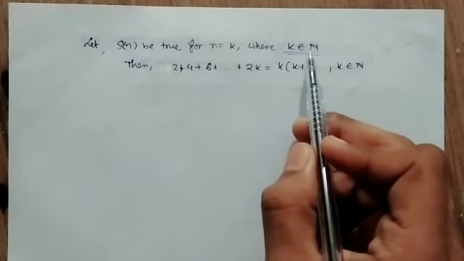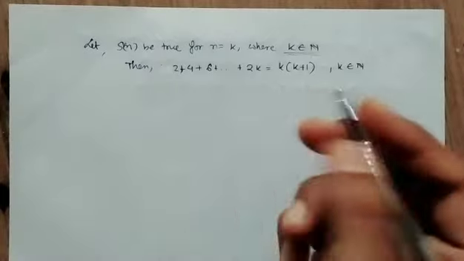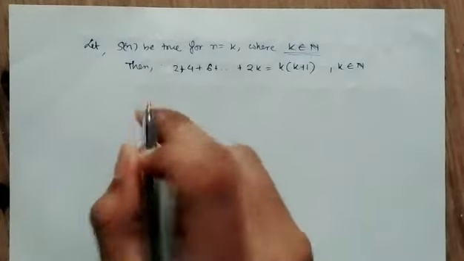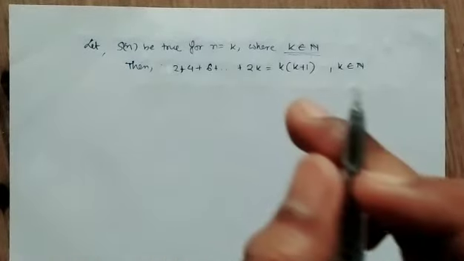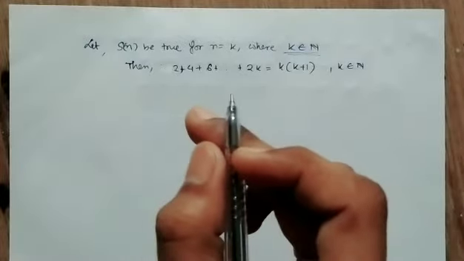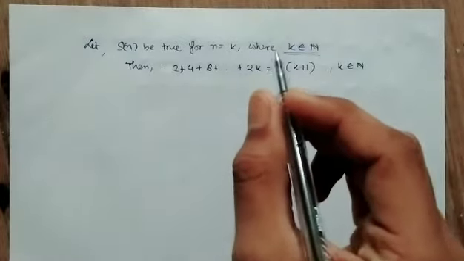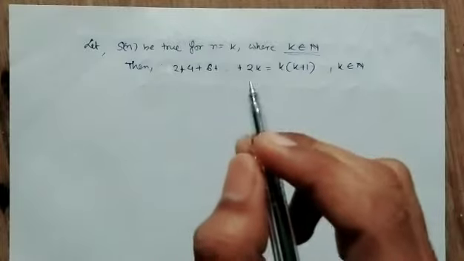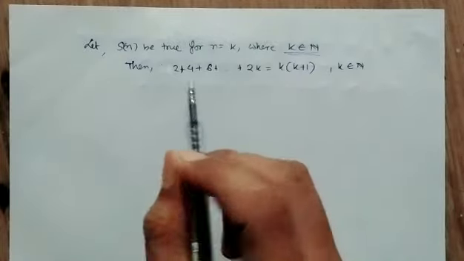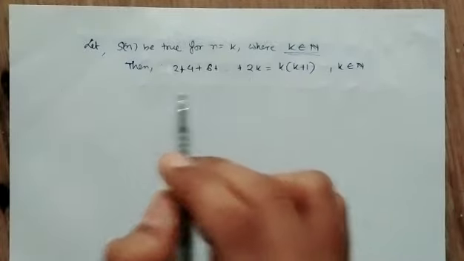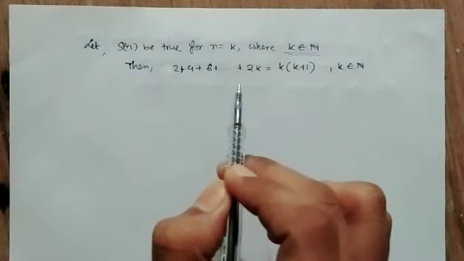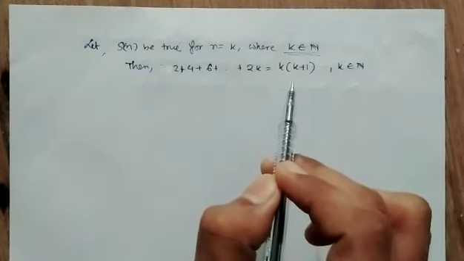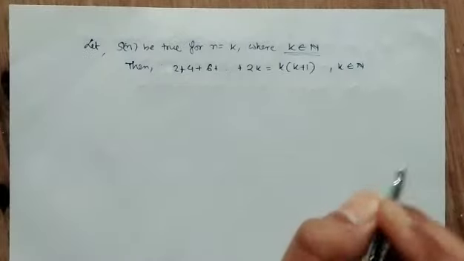So you must write that k must belong to natural number, then only it is correct. Okay, so now we consider that the statement Sn is true for n is equal to k. If this statement is true, then we can write that in place of n we can incorporate k. So 2 plus 4 plus 6 plus dot dot dot plus 2k gives k into k plus 1, where k belongs to natural number.